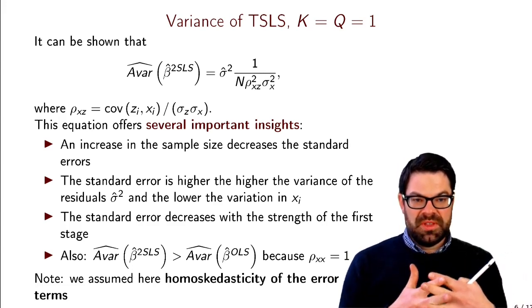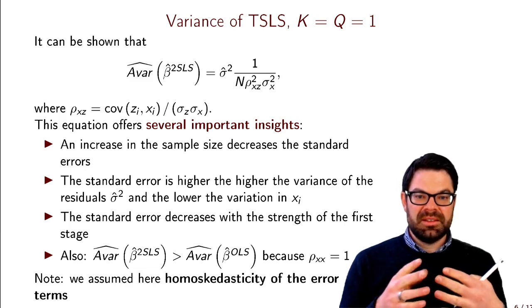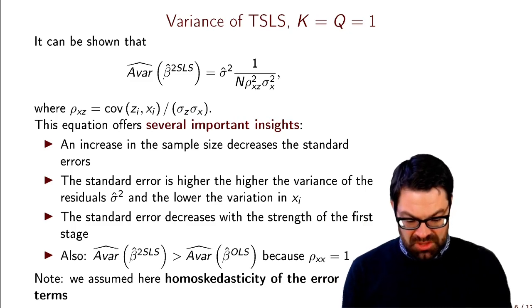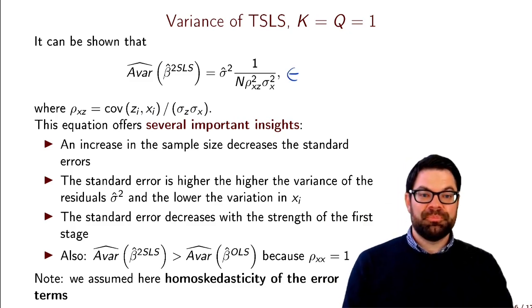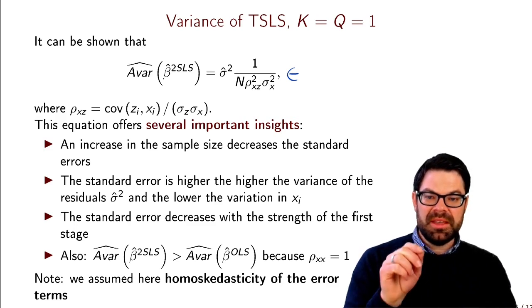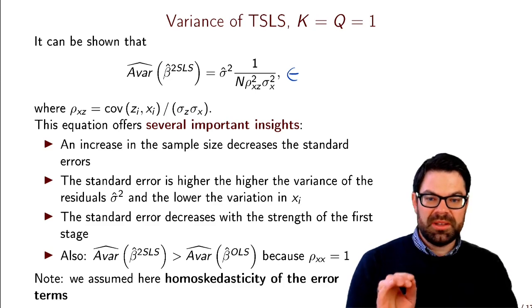What we can show there is that the formula that I've shown on the previous slide simplifies to this formula here. Now here we can see that this offers some important insights.